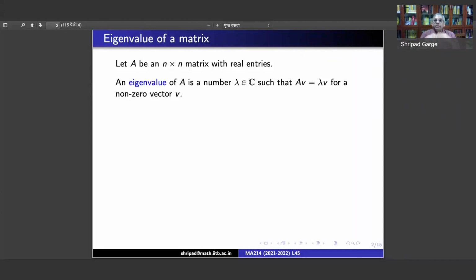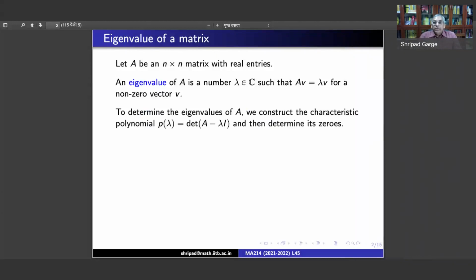So this vector V will be called the eigenvector. Well, perhaps we should not call it the eigenvector because it's not unique. Any non-zero multiple of this V will again be an eigenvector. So eigenvalue means that there should be some vector for which this scalar lambda has the property that A takes V to its multiple by lambda. Then lambda is called an eigenvalue.